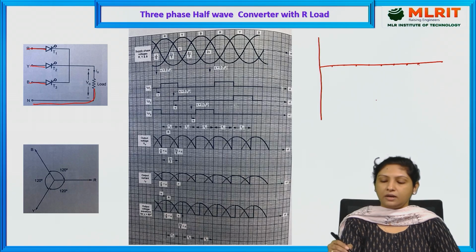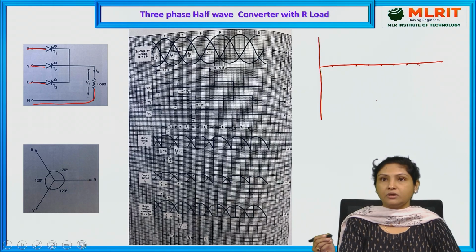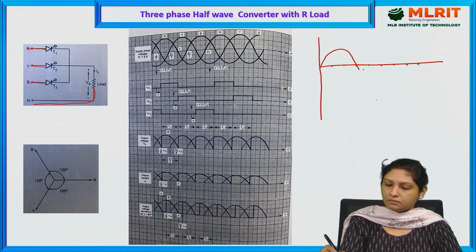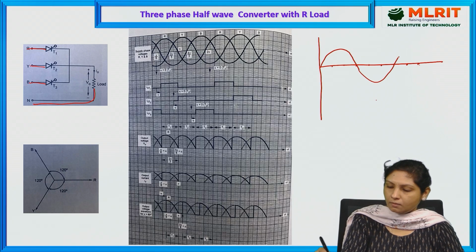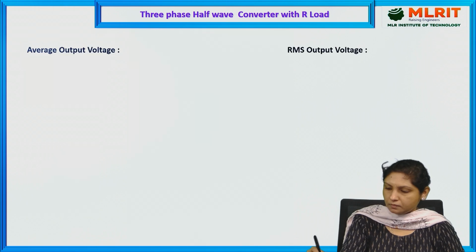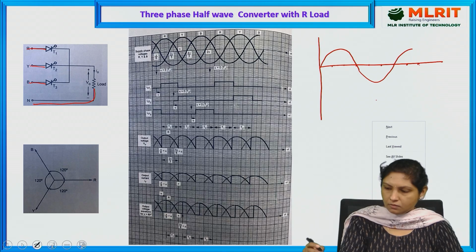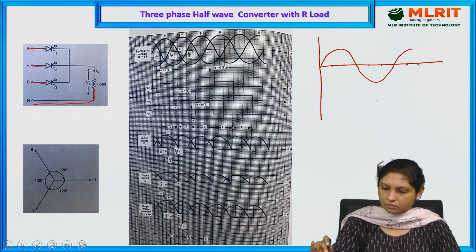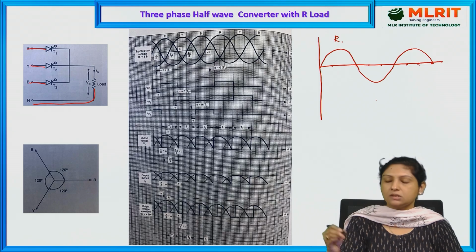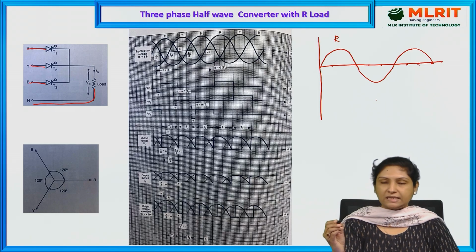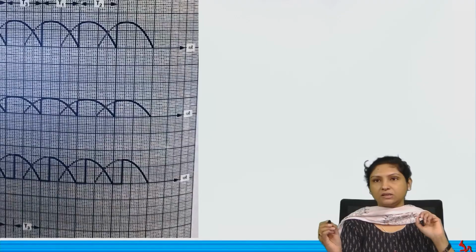And now let me draw the phasor diagram for R phase, and it looks like this. This is for R phase, and if we need to draw the waveform for Y phase, here it will be 120 degrees phase shifted.